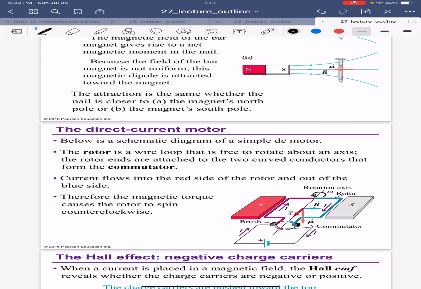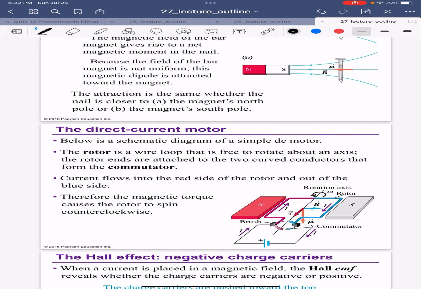One of the most important applications of magnetism and magnetic forces is the direct current motor, where we can use this motor to rotate anything about an axis. This is just a loop that has a current going through it, and there is a uniform magnetic field here.